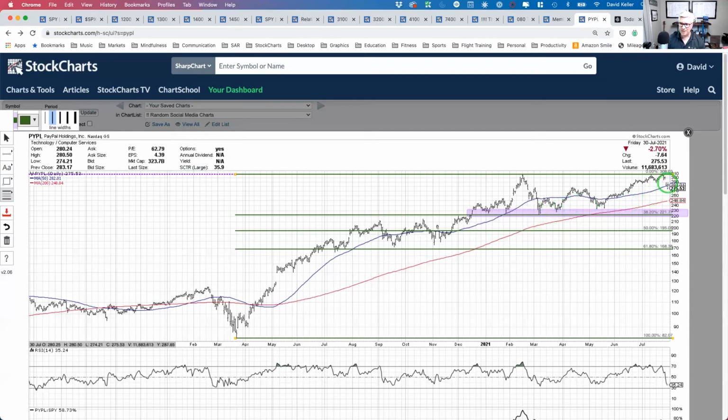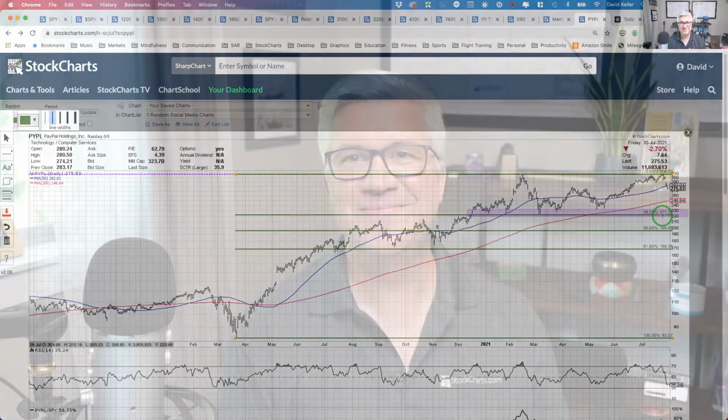We then bounced off that a couple times. So if we would come down, you now have the first Fibonacci support level, which lines up with the previous lows right around that 220, 225 range. So I would say I'm fairly confident that would be a strong area of potential support.